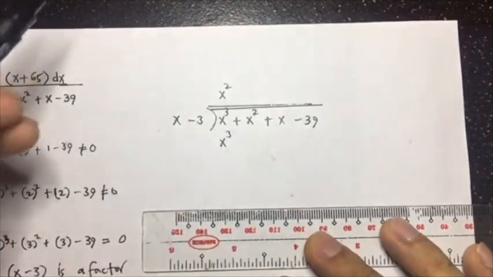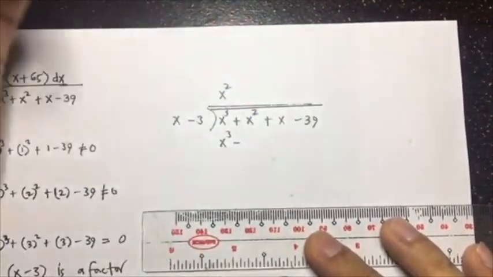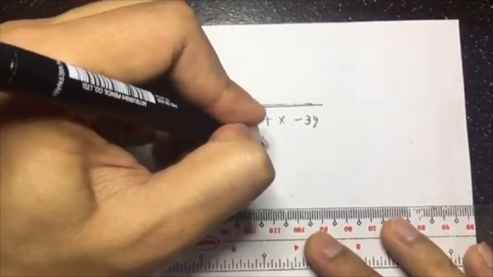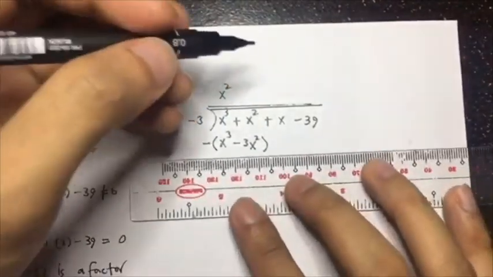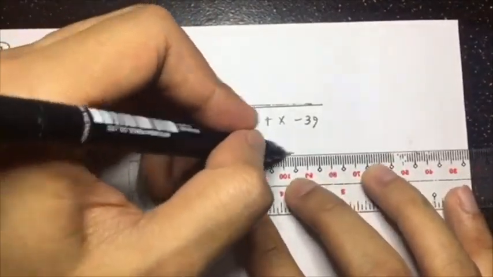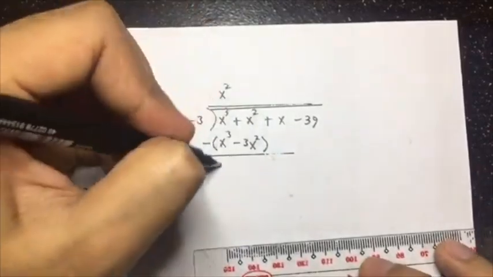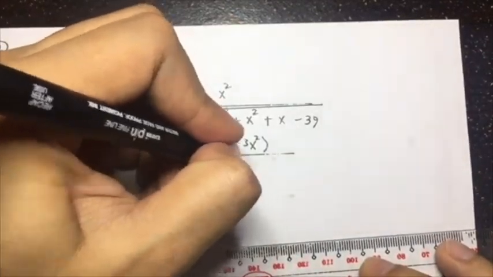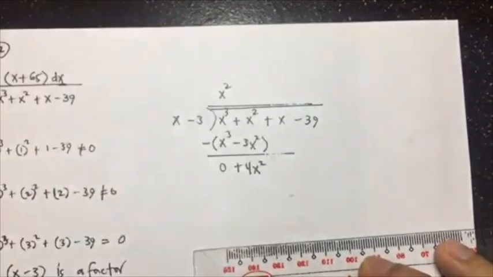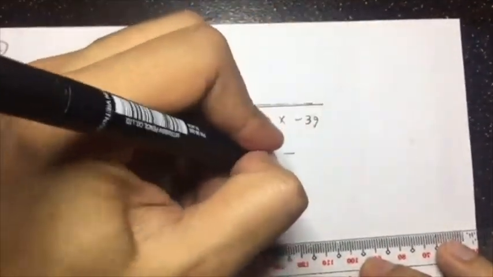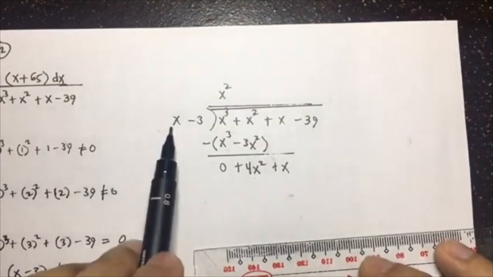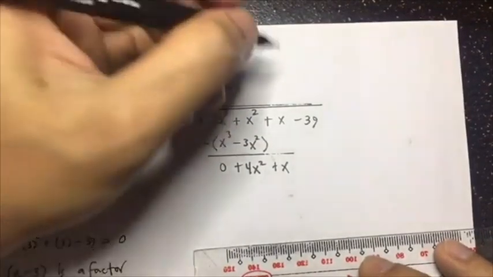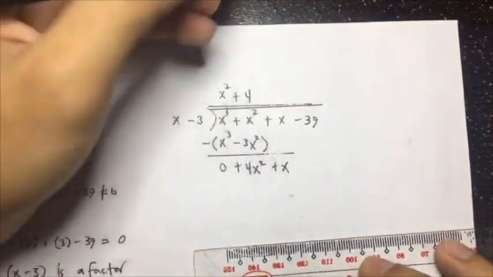X squared times negative 3 is negative 3x squared, and then subtract. x cubed minus x cubed is 0. 1 minus negative 3 is positive 4x squared. Bring down x. 4x squared divided by x gives plus 4x.